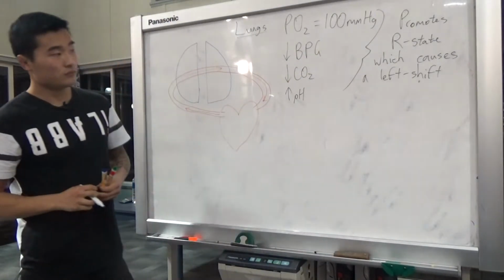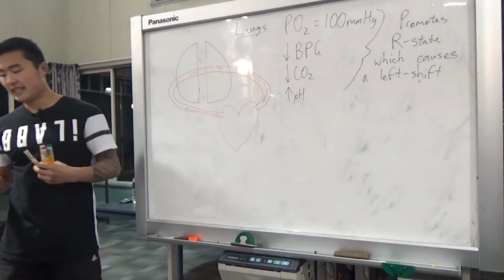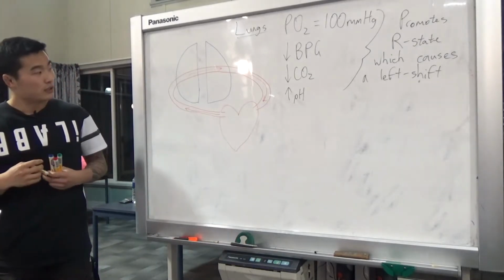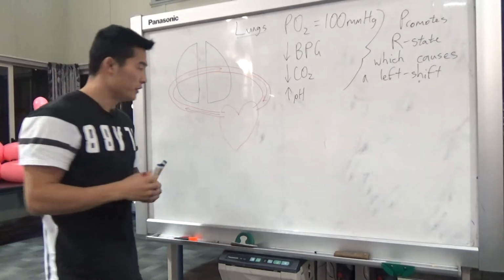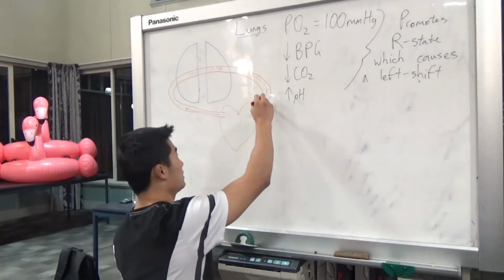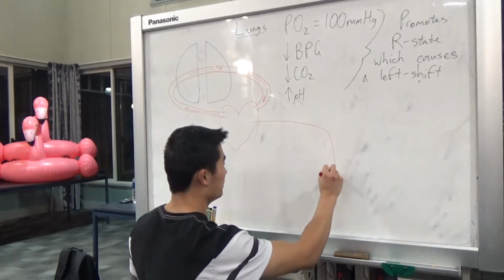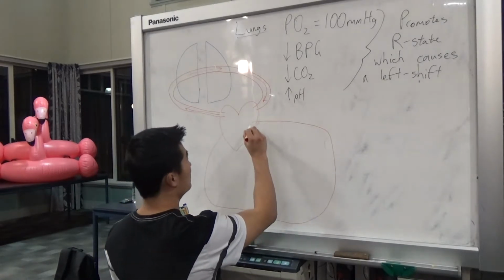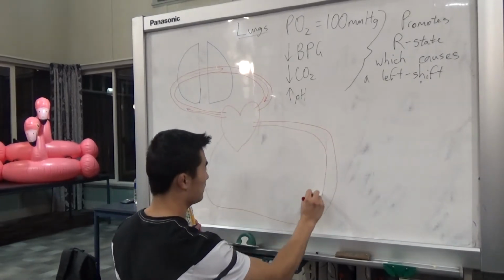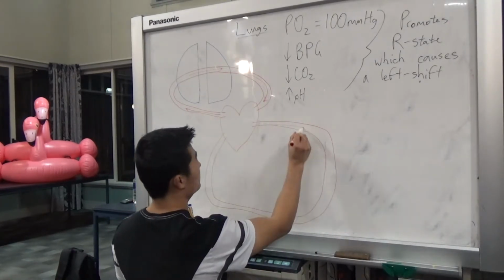And the left shift means that we're going to pick up more oxygen. Okay, so then once the oxygenated blood comes in, it's then going to go out towards the body, right?